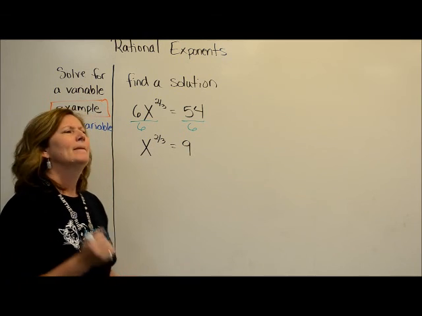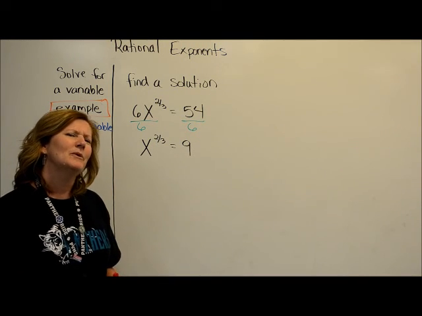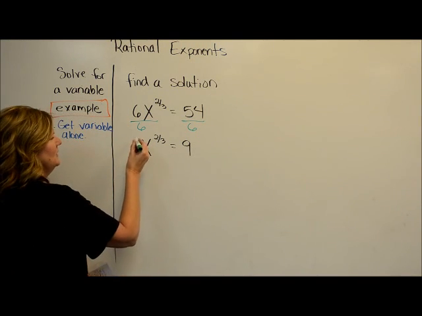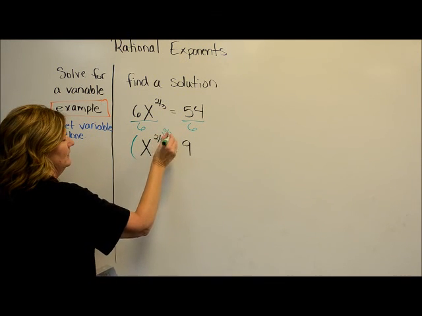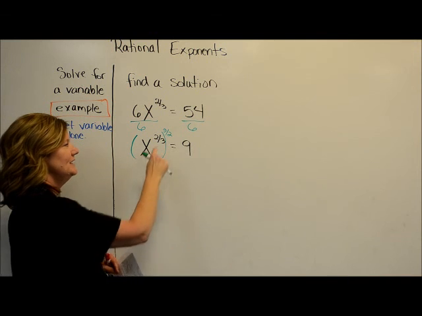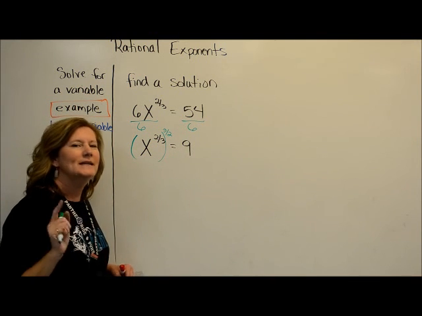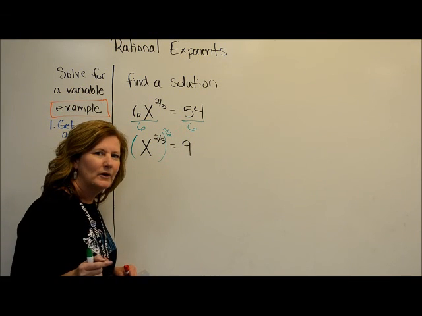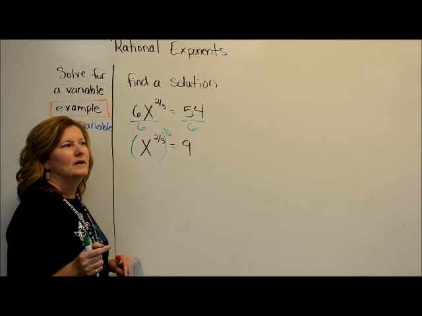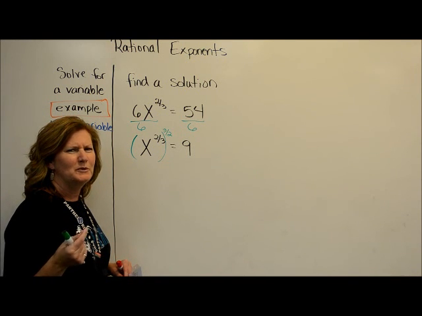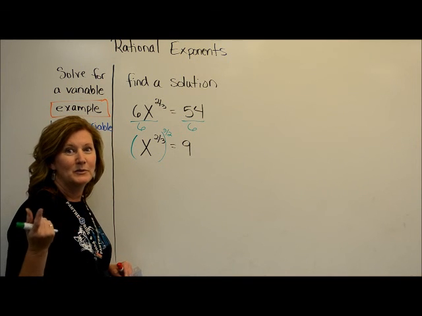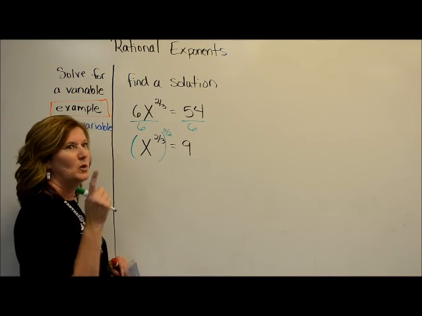All right, so knowing these two things, we're going to go ahead and raise this to the 3/2 power. Now, you see that these are reciprocals, so I'm raising it to the reciprocal power. Why did I do that? Because the definition of reciprocal is when you multiply them together you get a positive 1, and that's what I want. I want x to the first power.